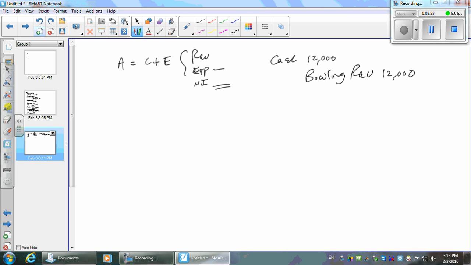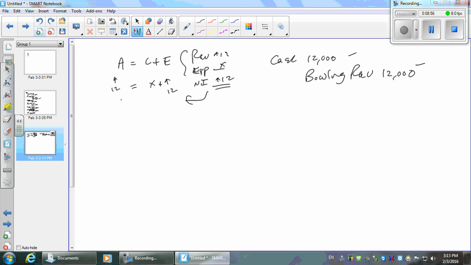So the debit to the asset increases the assets by 12,000, right? The credit to revenue increases revenue by 12, right? There's no expense over there, is there? There's no liability, so what must be the case with equity? 12 here, nothing here. It's got to be 12. So that increased equity by 12, and of course it did. How'd that happen? Revenue's up by 12, expenses did not change, net income's up by 12.